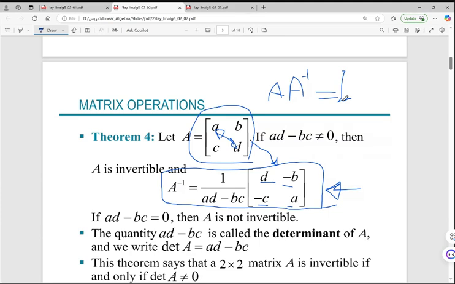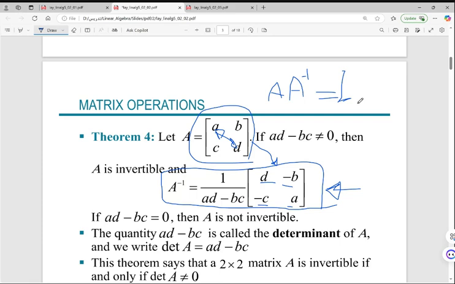Yes, exactly. So if we want to verify if this theorem is correct or not, we should verify whether the multiplication of A and A minus 1 gives the identity matrix.